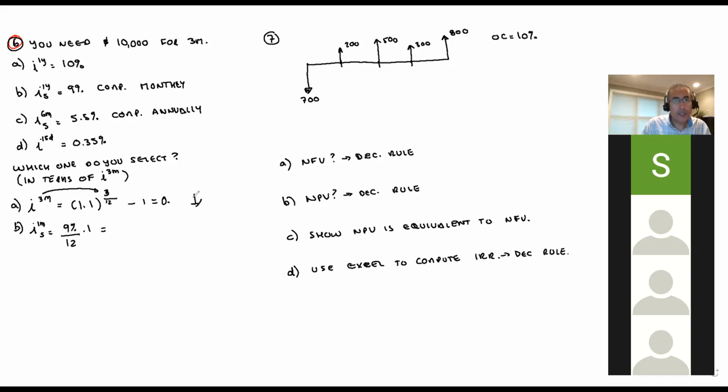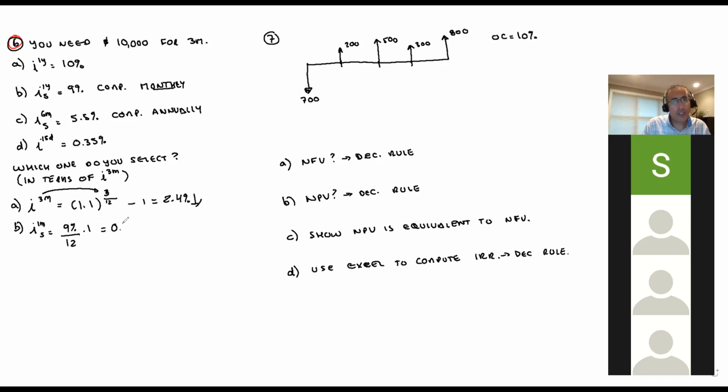I got 2.4%. Yeah, 2.4%. We're talking about percentage points. Someone to also confirm? Yes, confirm, 2.4%. Good. So now, remember, this one I cannot transform directly to 3 months because I need to go first to the monthly period. That's why I'm doing this.